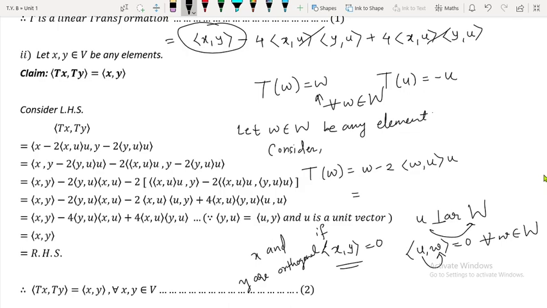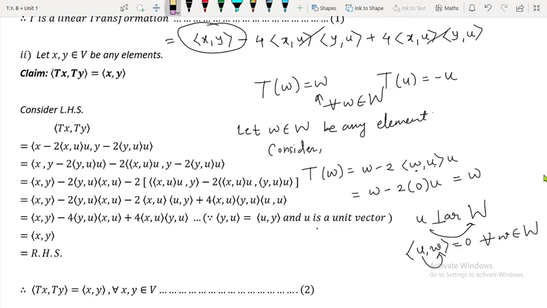Now since this w is an element of W, therefore this inner product of w with u will be 0, because inner product of w with u and u with w, it is one and the same. So therefore this is equal to w minus twice, this will be 0, u, and which will be equal to what? w. I hope you got it. This is due to the fact that u is orthogonal to W.